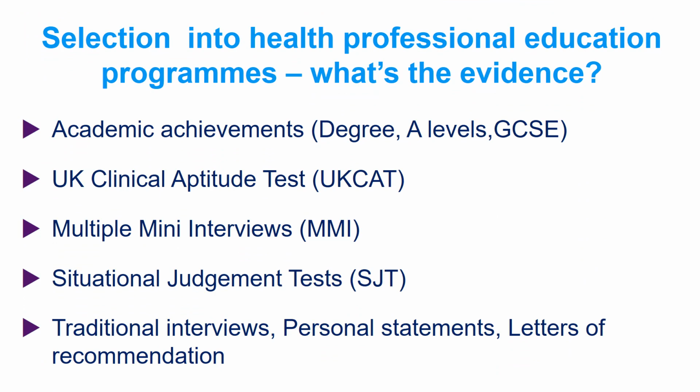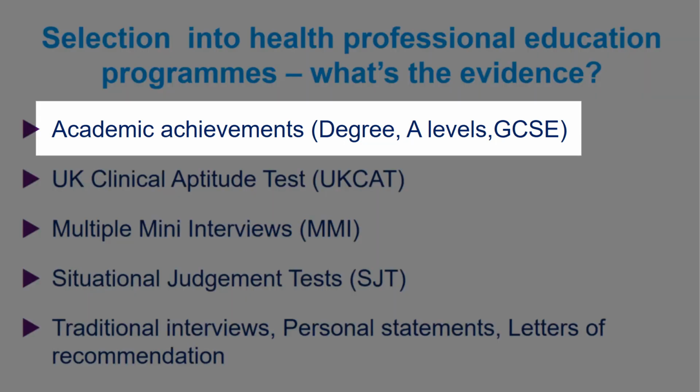So, is there robust evidence underpinning the use of these selection criteria? Past academic scores are good indicators of future academic scores, but not success in overall performance beyond cognitive capabilities.